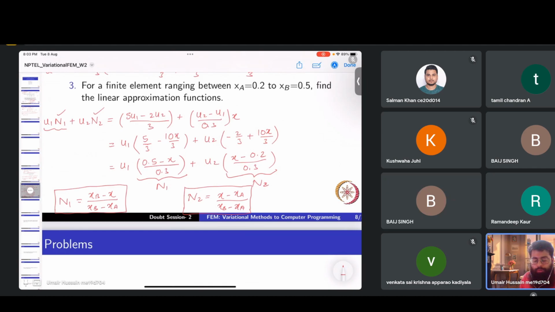And if you go to the natural coordinate system, put xa equal to minus 1 and xb equal to plus 1, what will you get?